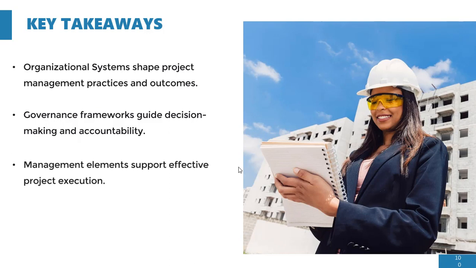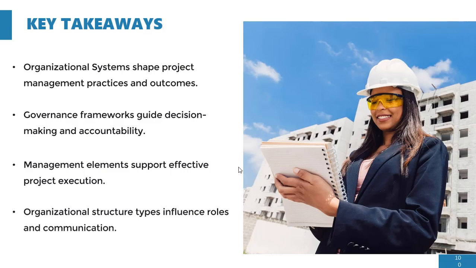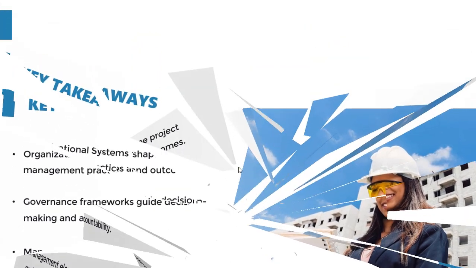All right, we also know that management elements support effective project execution. Okay, and then we've also seen the organizational structure types, and how they influence the roles and communication within a project.